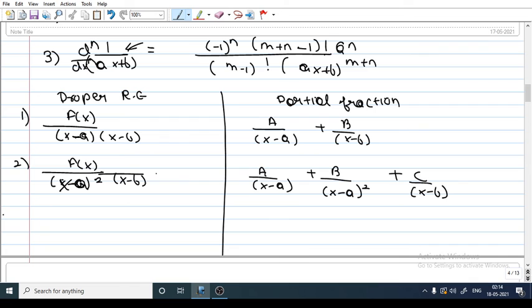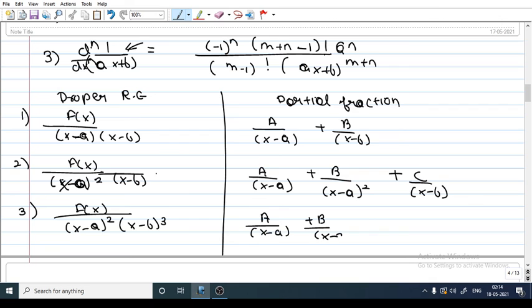After this we are going to write the third one, which you might have seen: f of x upon (x minus a) the whole square into (x minus b) the whole cube, which is A upon x minus a plus B upon (x minus a) the whole square plus C upon x minus b plus D upon (x minus b) the whole square plus E upon (x minus b) the whole cube.